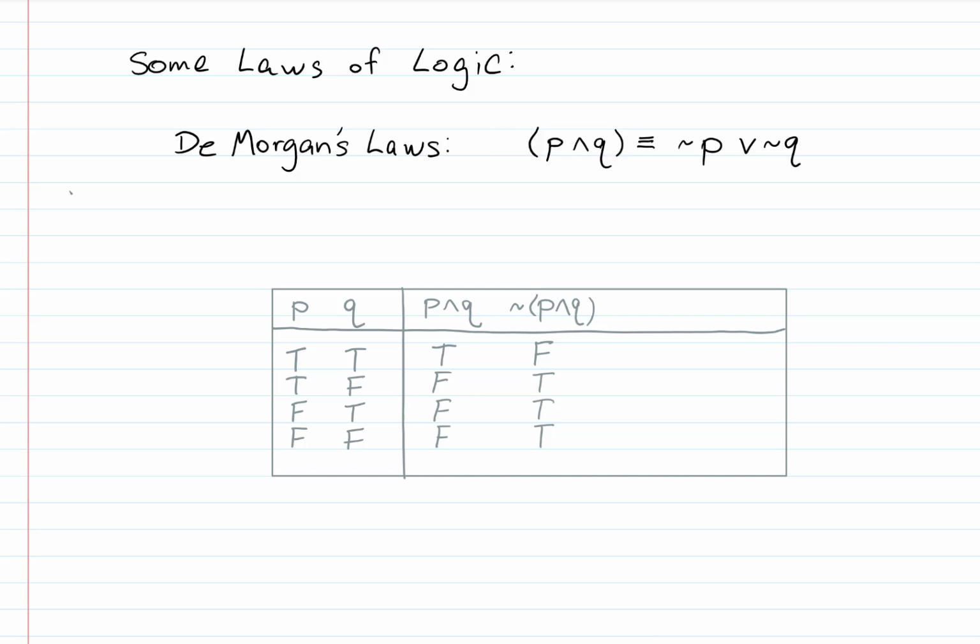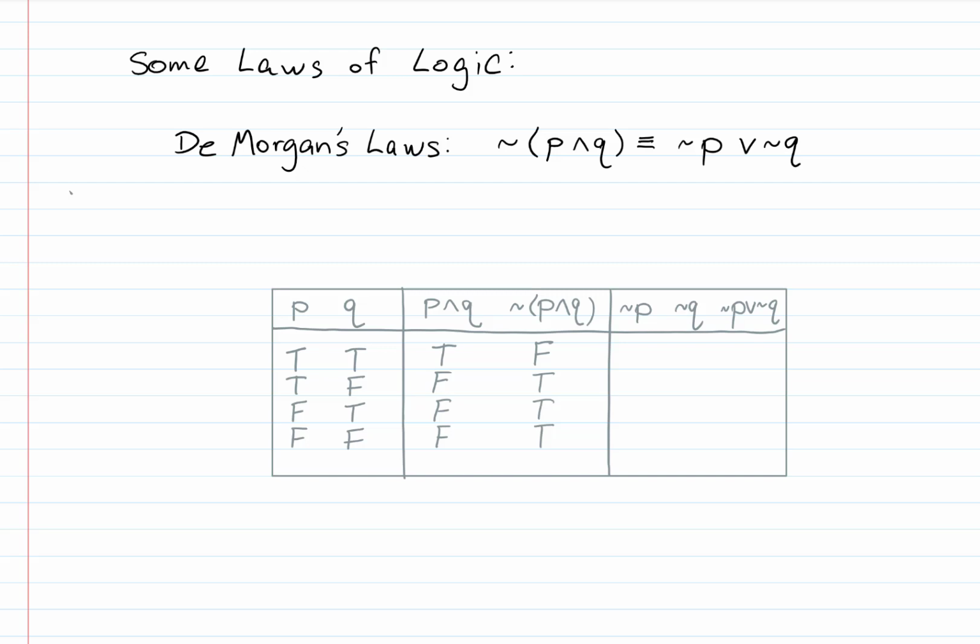Now, let's build a column for that statement form. So let's do a column for the negation of P, and then a column for the negation of Q, and then we'll do a column for the disjunction of those two.